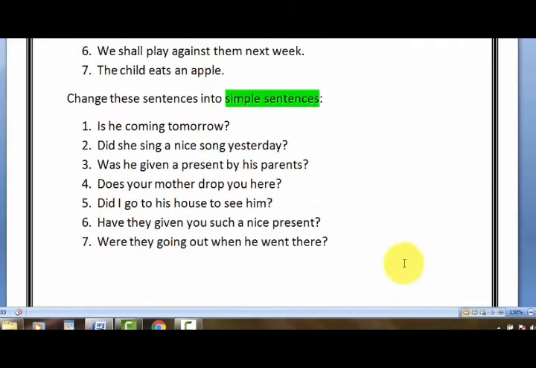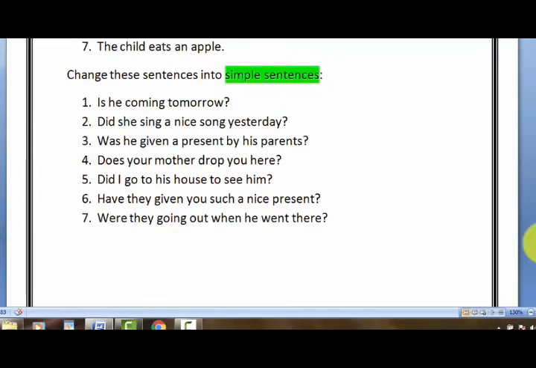Here we have got, change the sentences into simple sentences. Now, because the questioning is interrogative, you trace it back to the original sentence, which is a simple sentence, a complete sentence. Is he coming tomorrow?